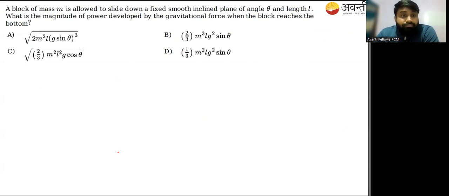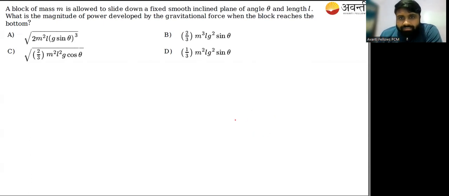Now this question: a block of mass m is allowed to slide down a fixed smooth inclined plane of angle theta and length L. What is the magnitude of power developed by the gravitational force when the block reaches the bottom?